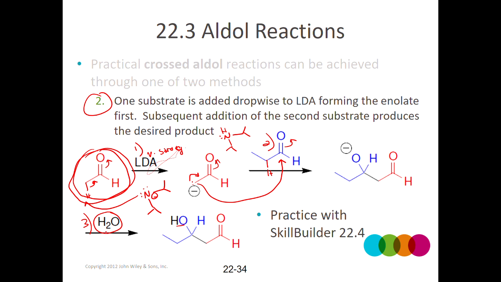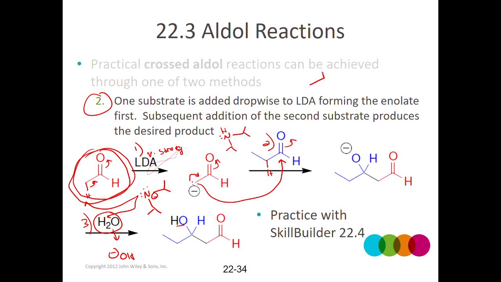I can't have water around the LDA because LDA is very unstable, a very strong base. It would just pick a proton off of water and convert the water into OH minus. OH minus is not strong enough to shift this equilibrium 100% forward.